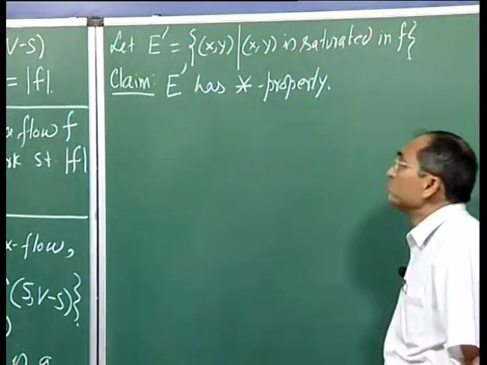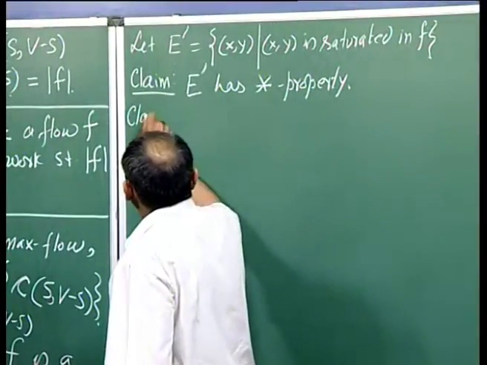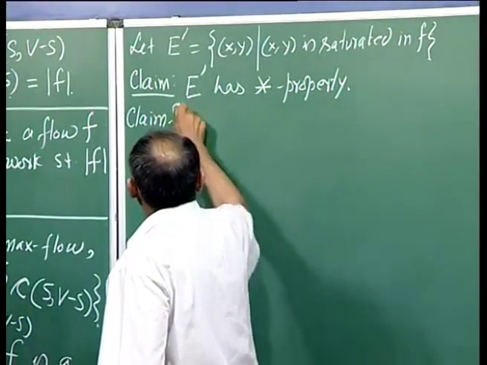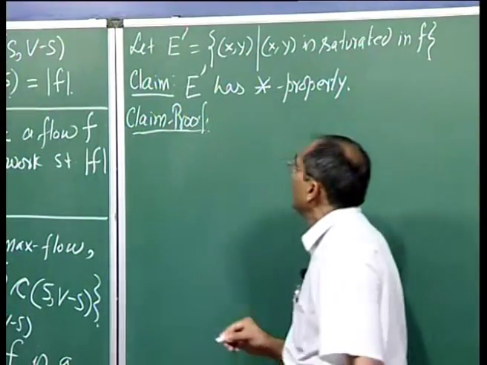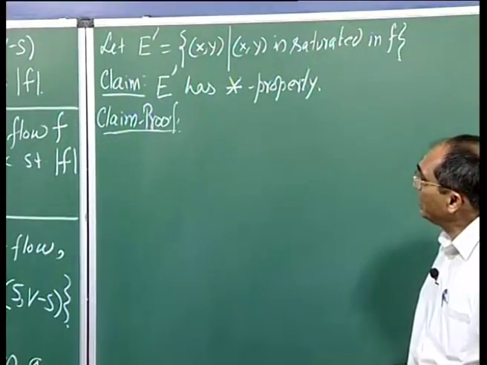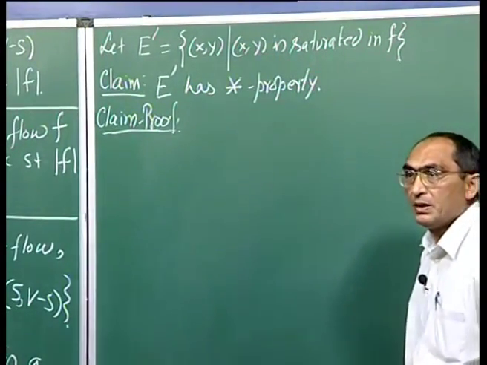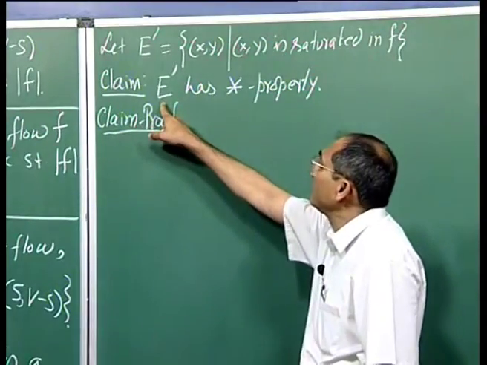Now, to prove the claim, suppose we assume the contrary. Let us say there is a path which does not pass through any of the E prime edges.